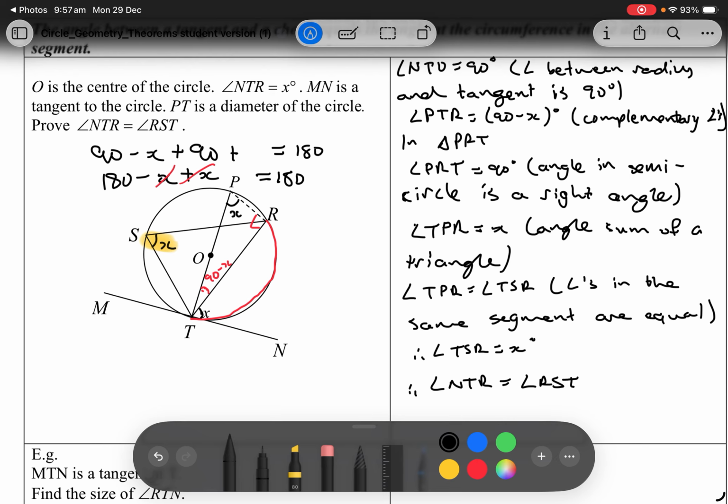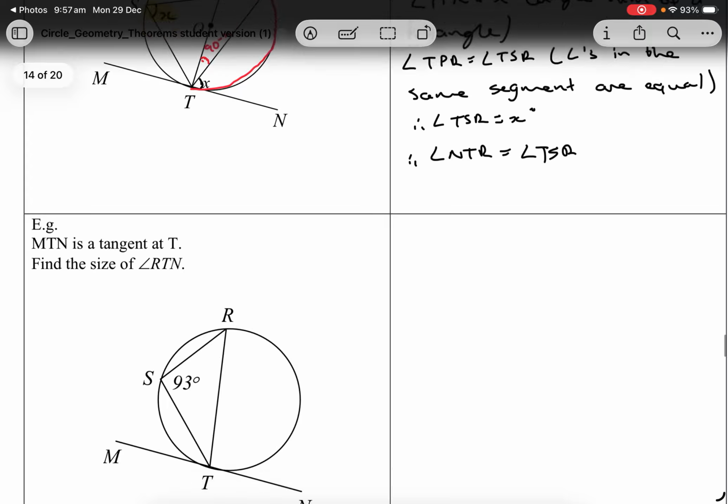That's what we're trying to find here. Sorry, TSR or RST. Either way, it works out. So let's just make it consistent with the previous one: TSR. Okay, and now we have proven this here.